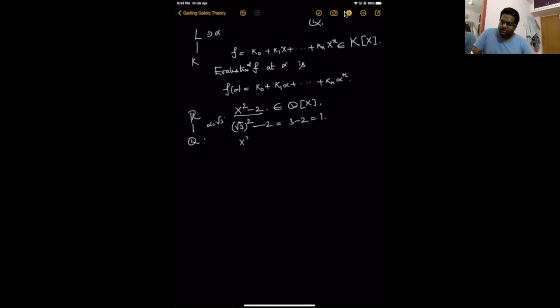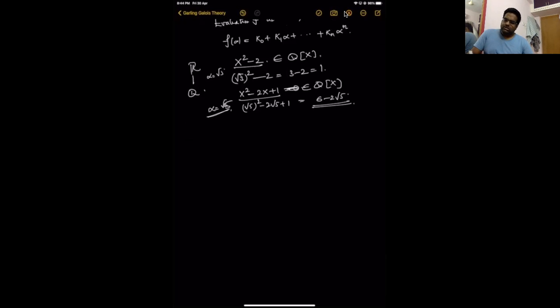And similarly, if you take another polynomial, x square minus 2x plus 1, in Q bracket x, and let us say alpha is root 5. Root 5 whole square minus 2 root 5 plus 1, which is 5 plus 1 is 6, 6 minus 2 root 5 is the evaluation of this polynomial x square minus 2x plus 1 at this alpha.